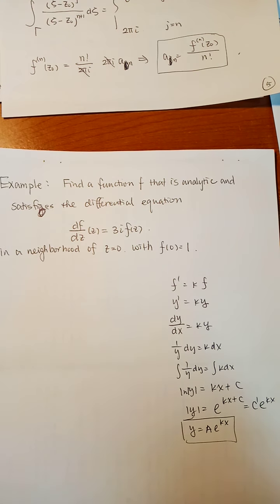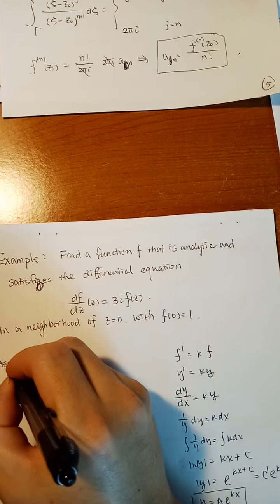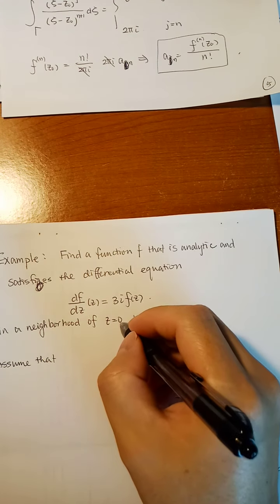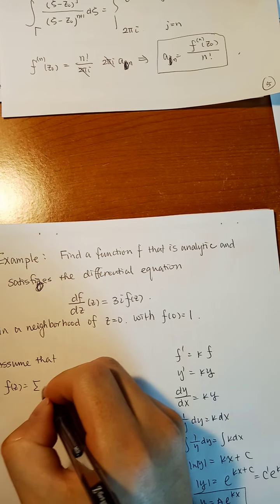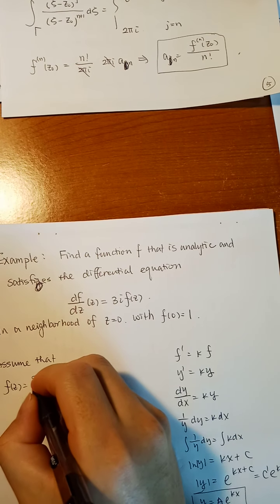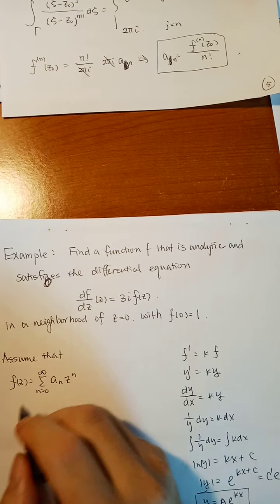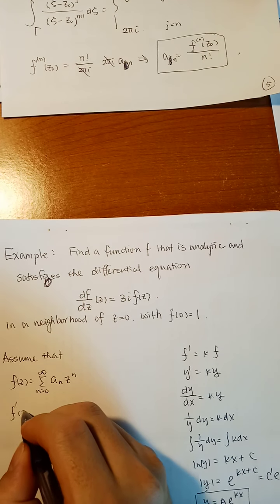And now we don't want to go through this part. We want to apply the power series. Assume we have the power series in the neighborhood of zero, this simple power series, sum of a n z to the n. Now let's check what the derivative relation is.